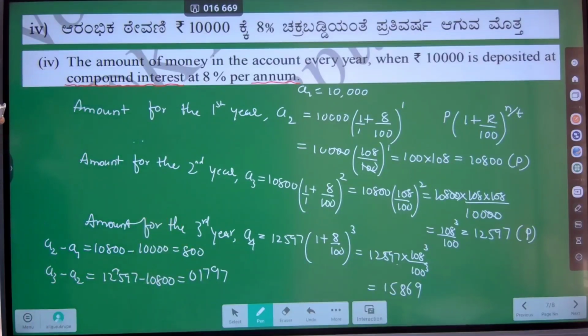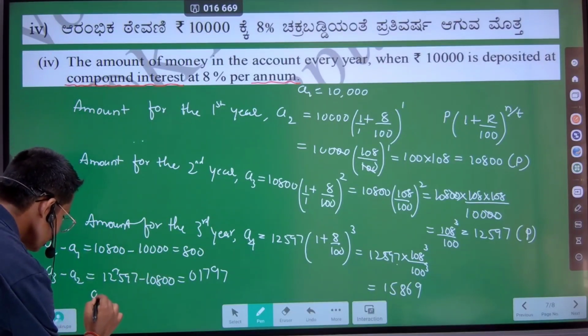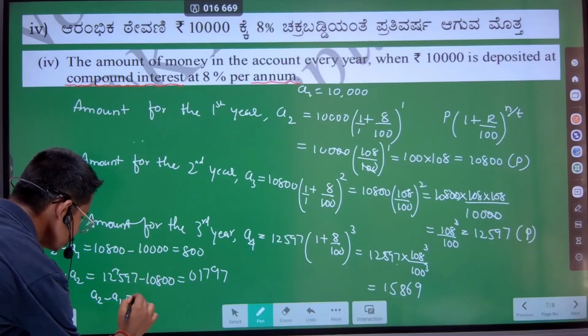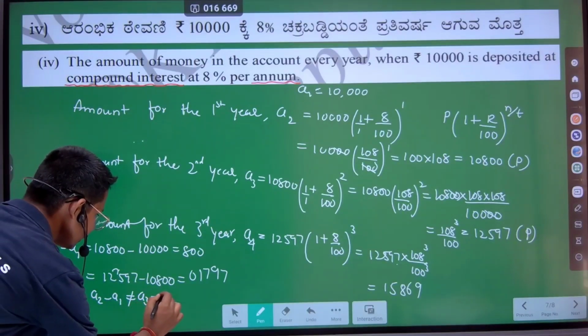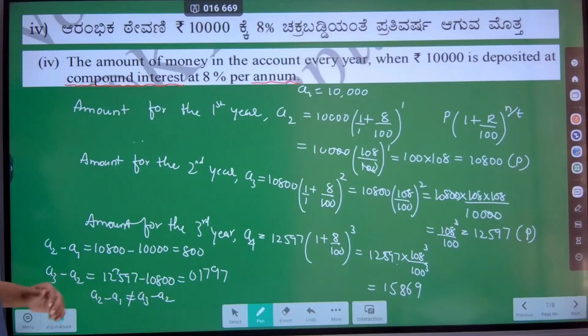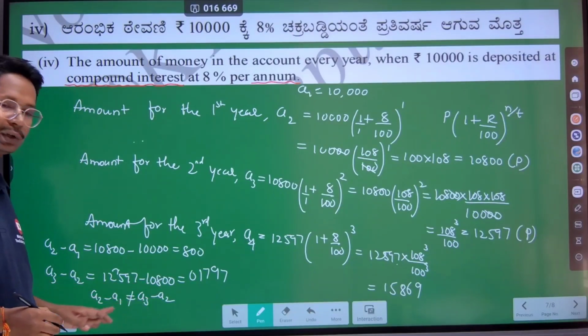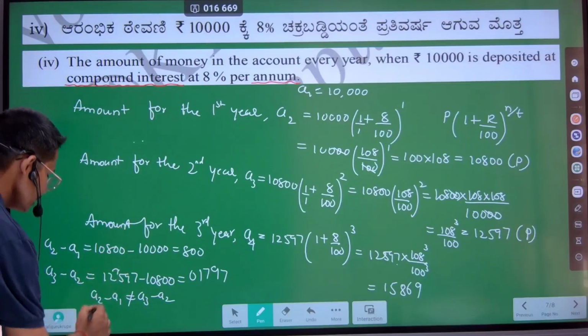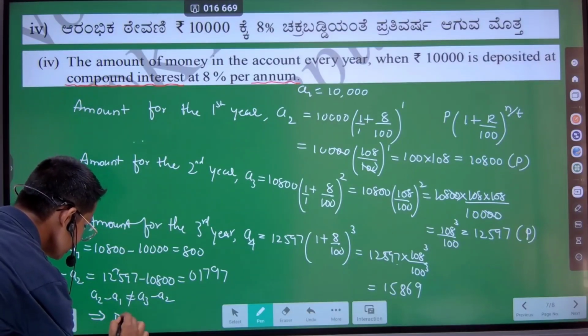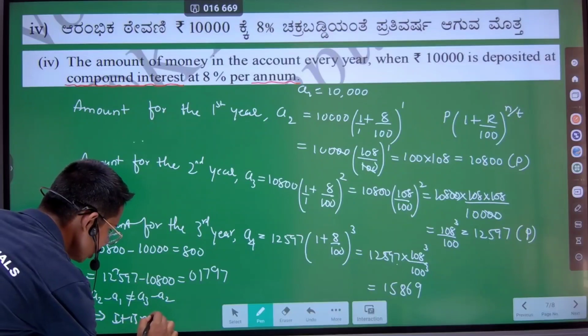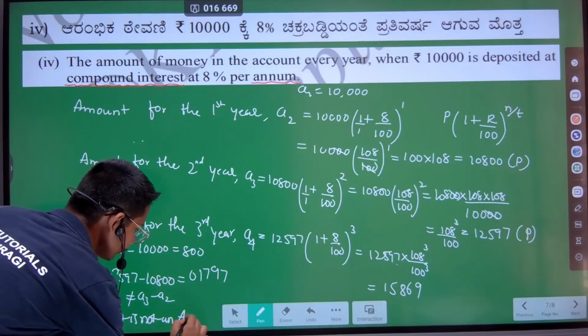So you are going to get 1797. Now you can observe A2 minus A1 is not equal to A3 minus A2. So if the difference between any two consecutive numbers is not the same in all the cases, then I can say it is not an AP.